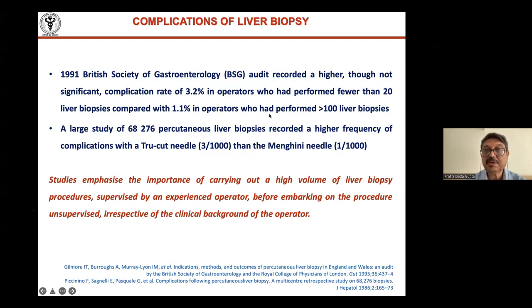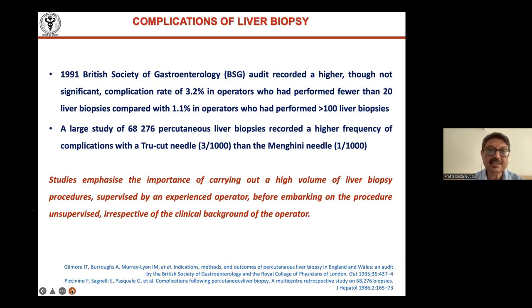If an operator has performed more than 100 liver biopsies, the chances of complications are much lesser than those who have performed fewer liver biopsies. Therefore, during the period of your training, first supervised and then unsupervised, if you have the opportunity to do a liver biopsy, please do it so that it helps you later in practice.